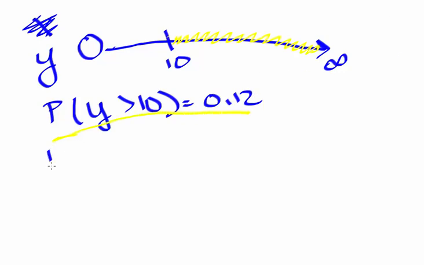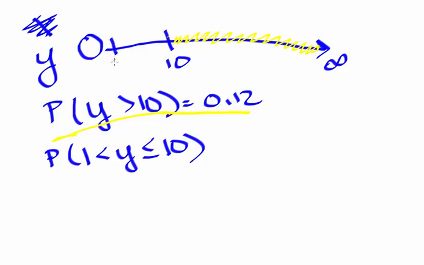And then the other probability we're given is y in the range of 1 to 10. So if 1 is here, that probability is represented here, and that value is 0.8.